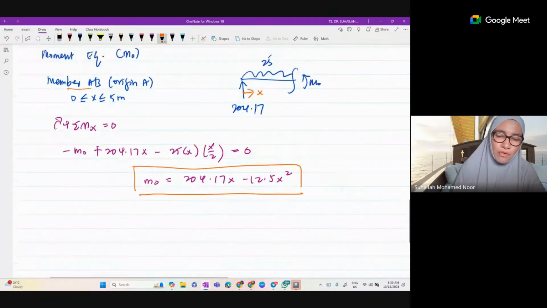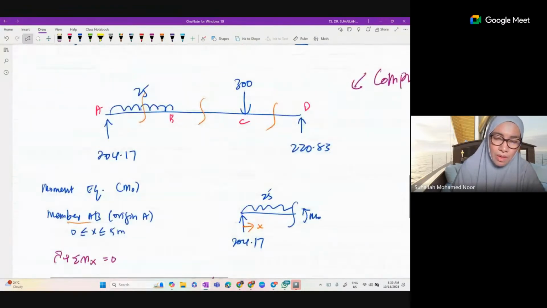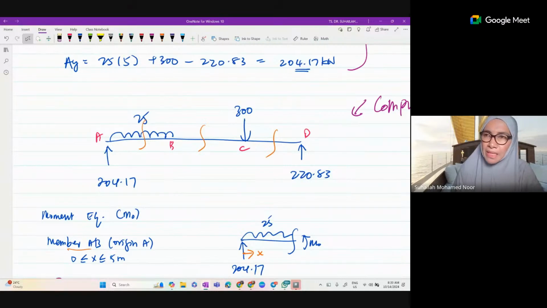So then we move to member BC. For member BC, we have to choose the origin that we like. Origin, not necessarily we start from A. So writing moment equation, even though for first time you learn about beam in solid mechanics, I can see from previous semester, most of the students suka nak ambil moment tu origin tu semua from A. Actually it is not compulsory.